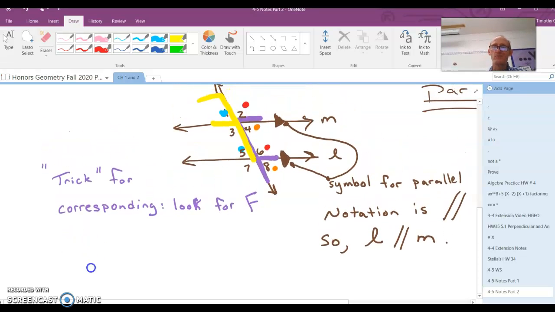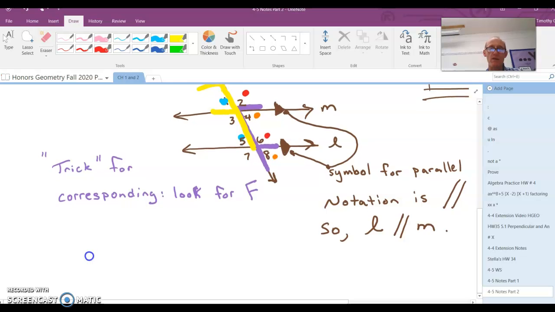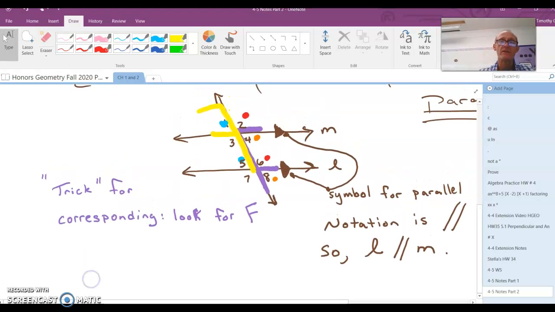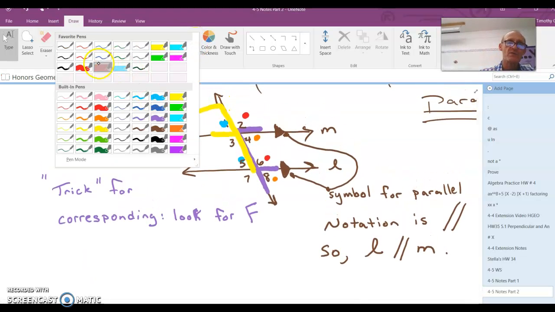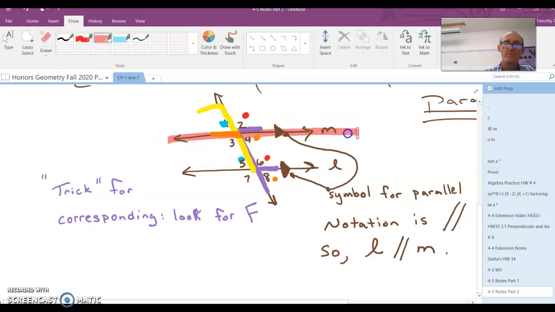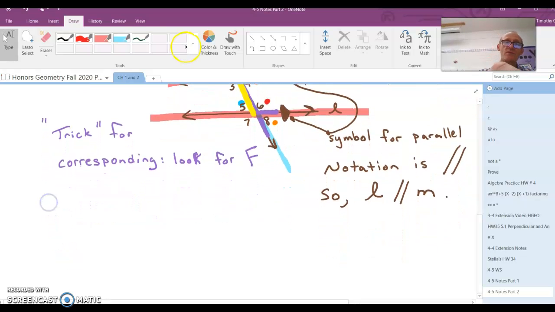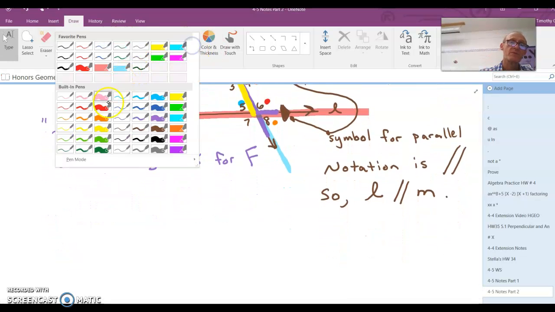Now, there's a lot of theorems and properties regarding these two parallel lines cut by the transversal, and we're going to get to those.